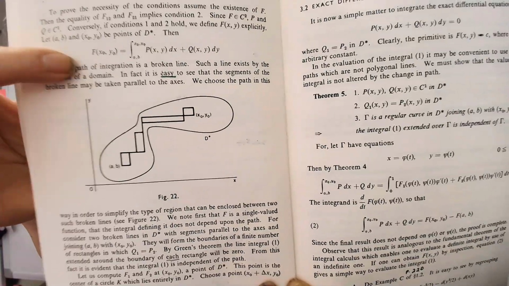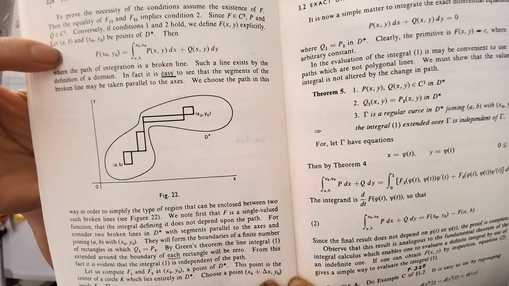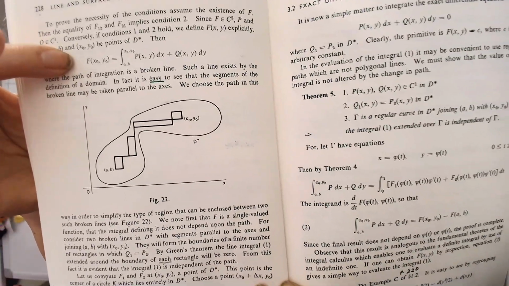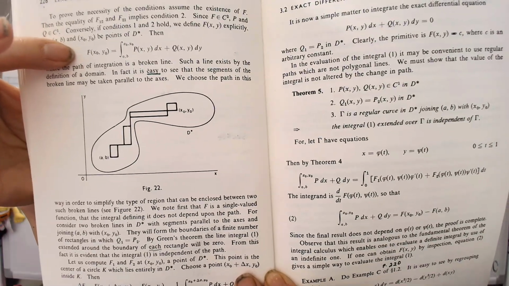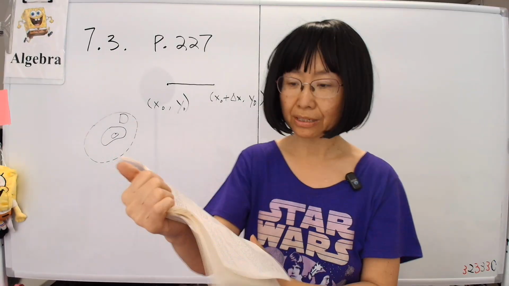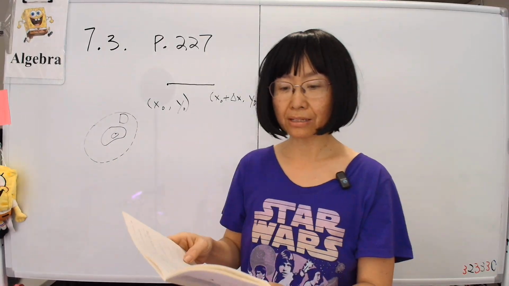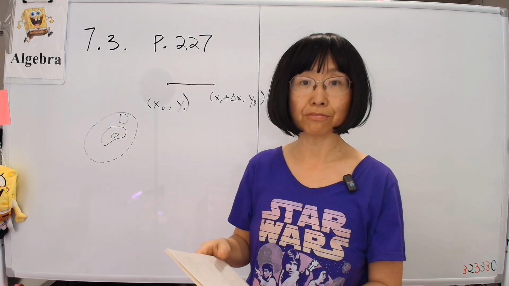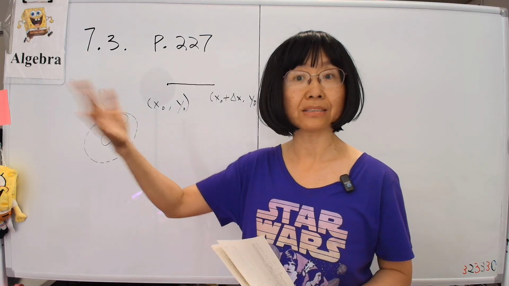Now to define a function like that is fine, but is this really truly a function? I mean, we can integrate like that, but which path are we taking, and are they the same value?